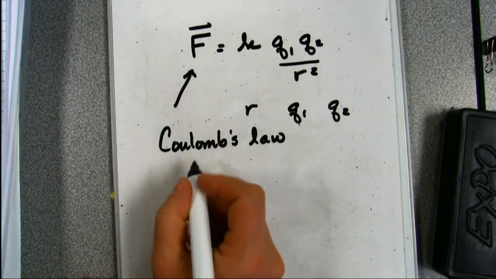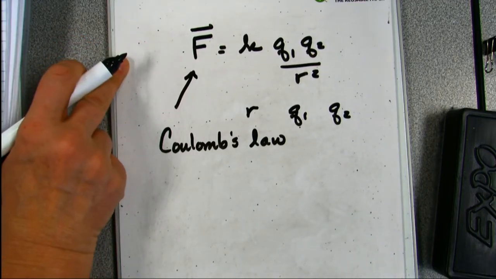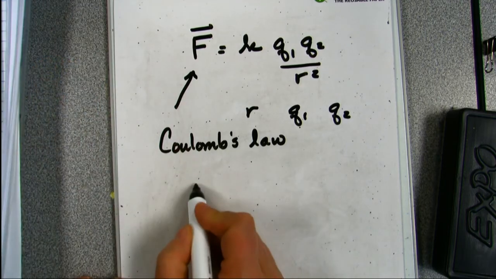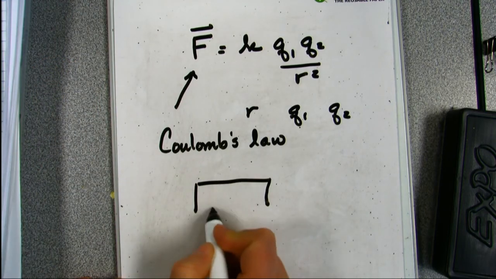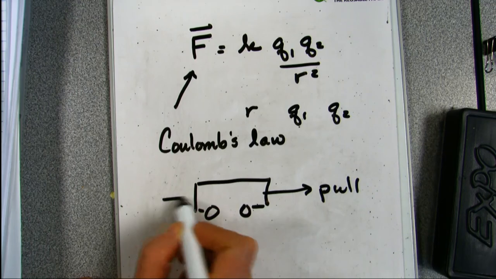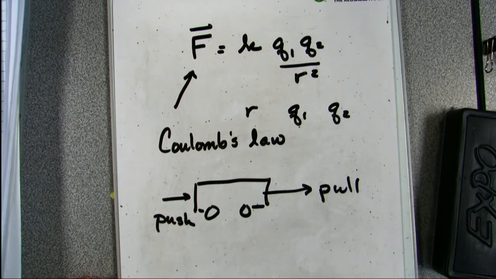And with Coulomb's law, we talk about field forces and we talk about contact forces, okay? Contact force is if I've got my little red wagon, or in this case my little black wagon, I can do a pull or I can do a push. And that's a contact force.